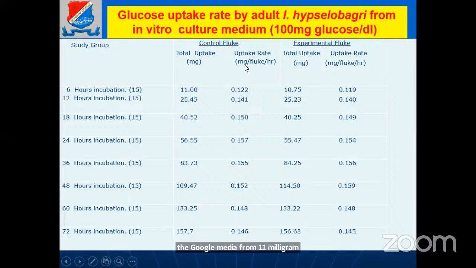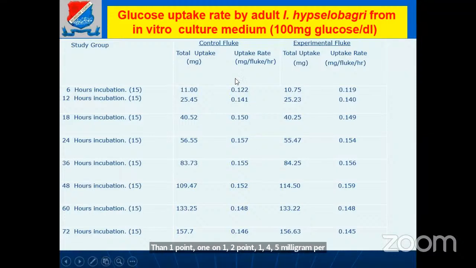That means the rate is 0.122 to 0.146 milligram per fluke per hour in the control fluke. In the experimental, starved fluke, it is 0.111 to 0.145 milligram per fluke per hour.